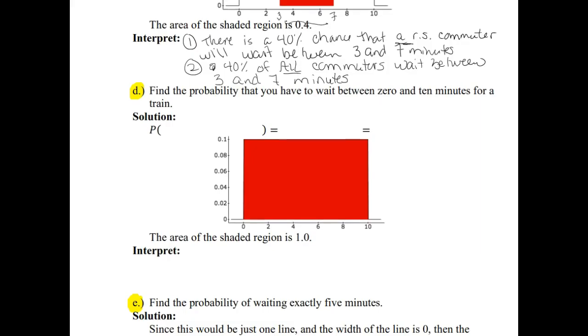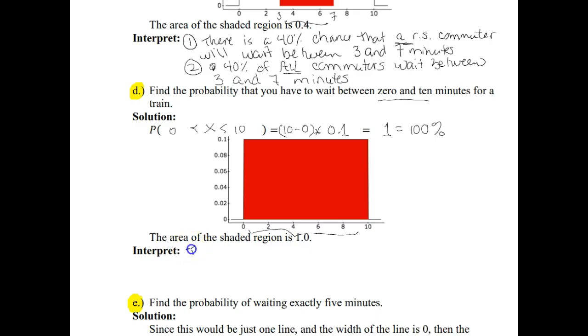All right, so for part D, we want to find the probability that you have to wait between 0 and 10 minutes for the train. And so in here we have the entire distribution shaded, so it should make sense that this should be 100% or 1 from our probability rules from before. But again, if we take the base of our rectangle here, we have 10 minus 0, and then our height was 0.1, so we do get 1, or 100%.